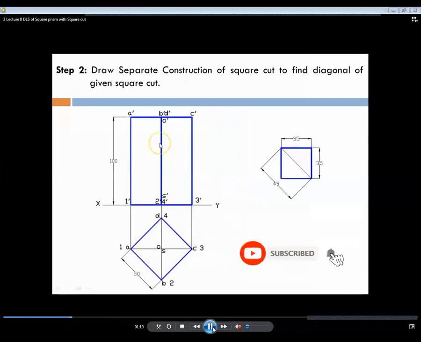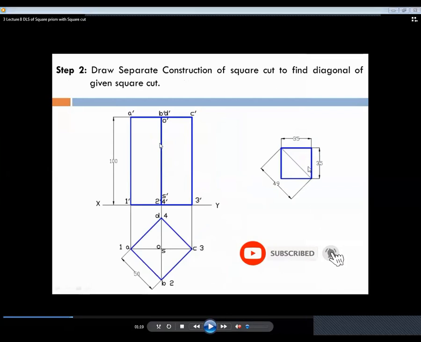First of all, what you have to do is just draw a rough square at any side of your page.